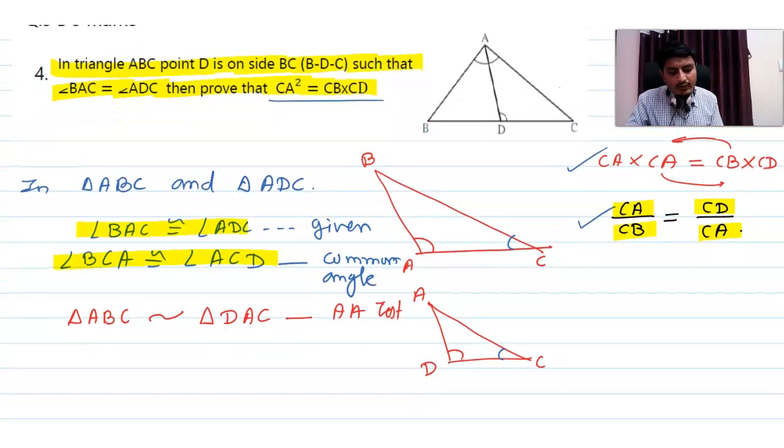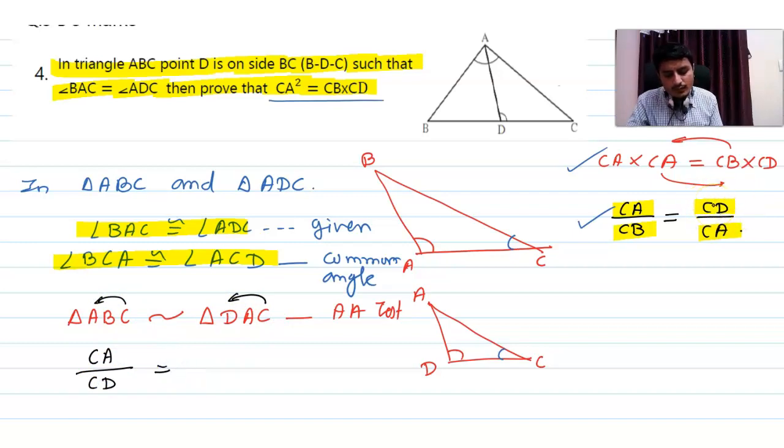Once the two triangles are similar, their corresponding sides are in equal proportion. Which sides do we require? The first triangle's side CA, first and last letter together, corresponds to CD, and that equals the next side we require, CD.